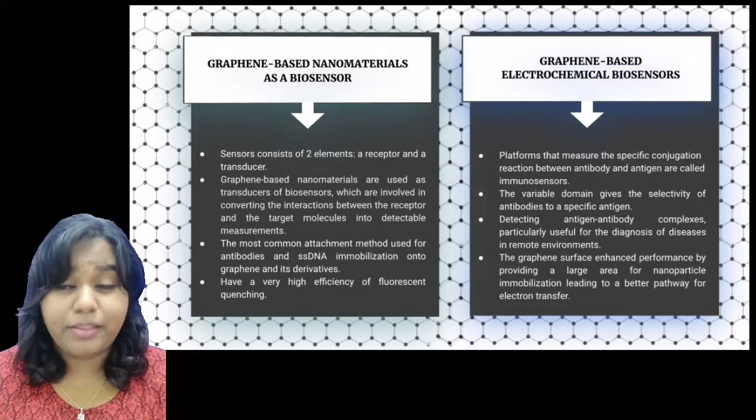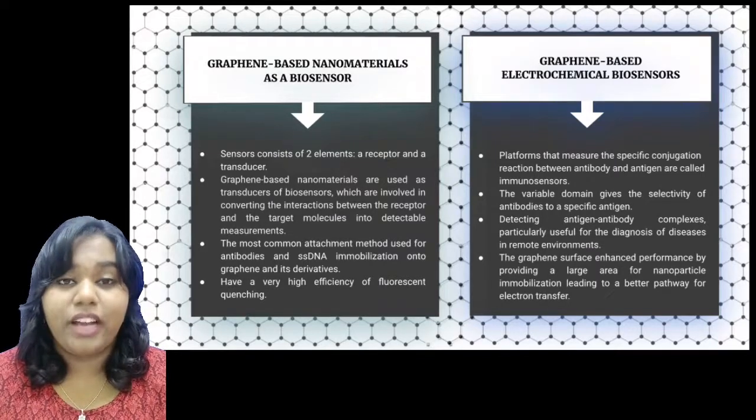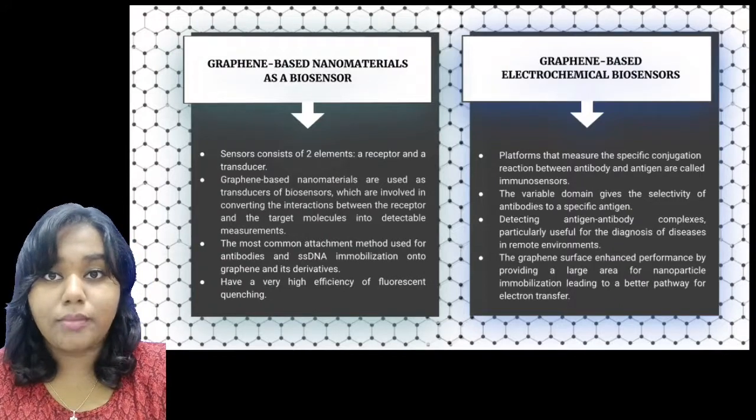Furthermore, graphene-based nanomaterial can act as a quencher in the transducer to generate fluorescent biosensors. Studies have also determined that graphene oxide and reduced graphene oxide have a very high efficiency of fluorescence quenching.